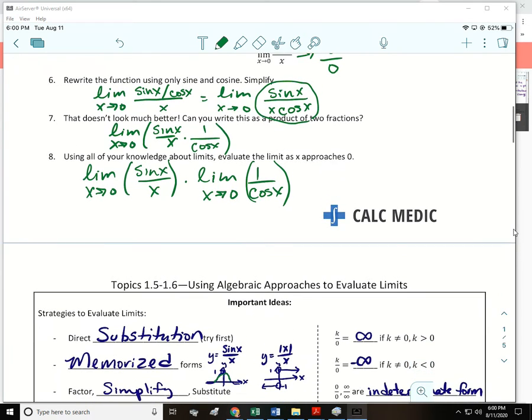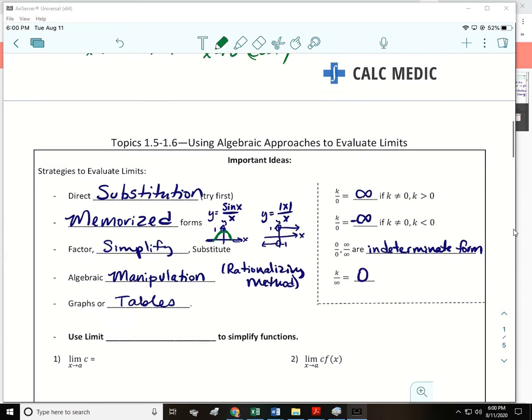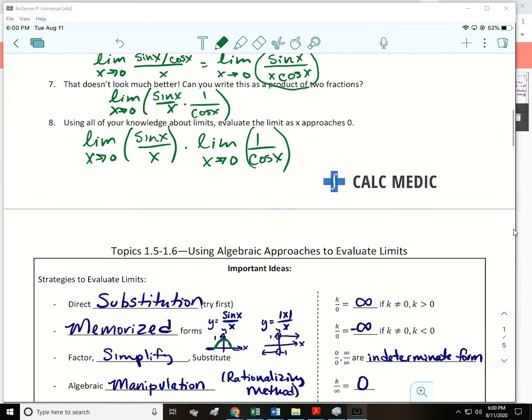Okay, and then if we look back at that graph of the sine of x over x, and we're approaching 0 from the left and the right, the graph, even though there's a hole at the point 0, 1, the limit as x approaches 0 is going to be 1. So this whole limit is equal to 1.